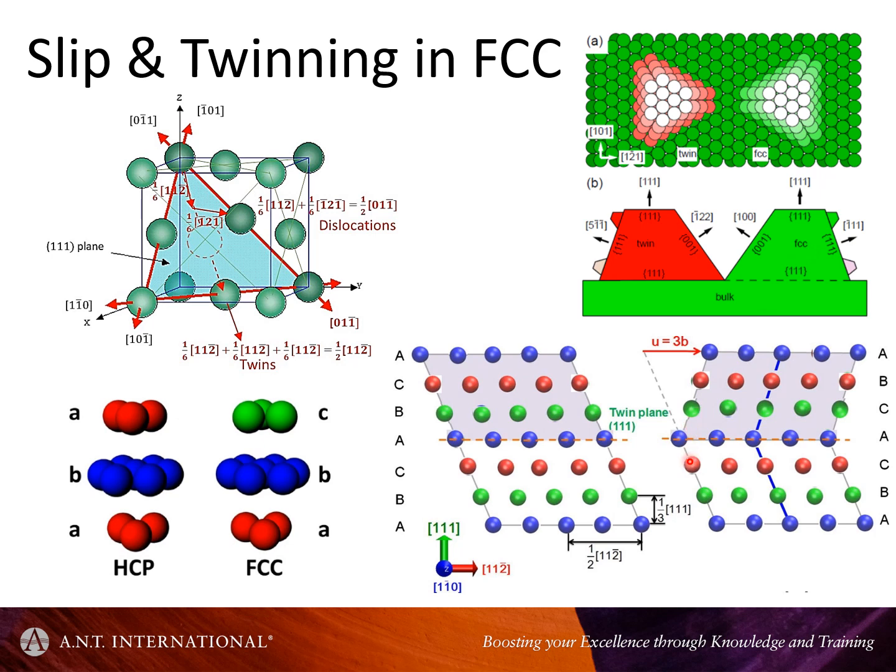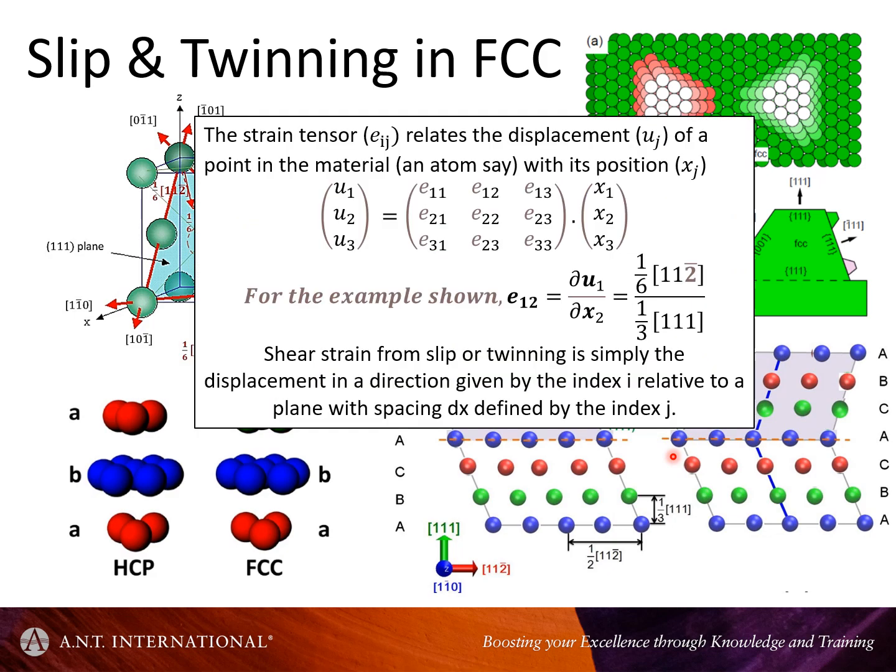Okay, so one of the things that's commonly quoted is the shear that's caused by a twin operation. And what do I mean by shear? Now, for those of you familiar with tensors, you'll know that the strain in a given material can be represented by a strain tensor, and that relates the displacement in each of three, or in this case orthogonal directions, with the position of, let's say, an atom.